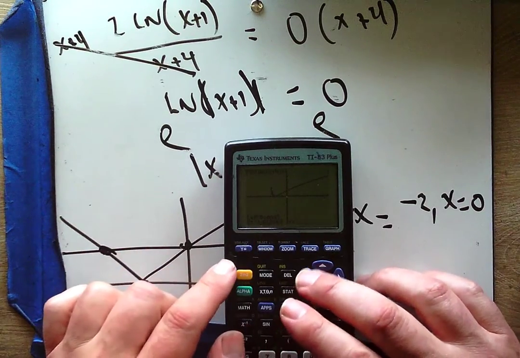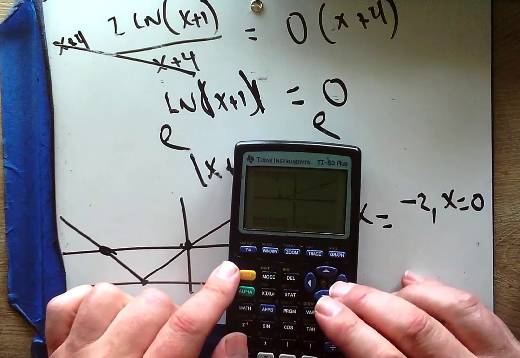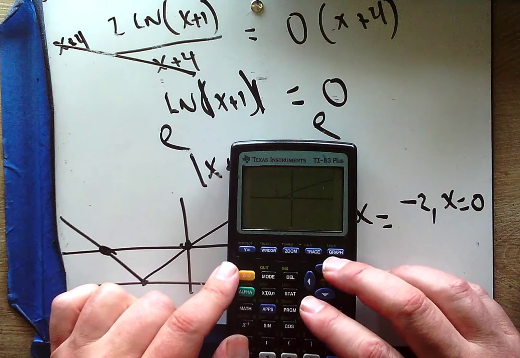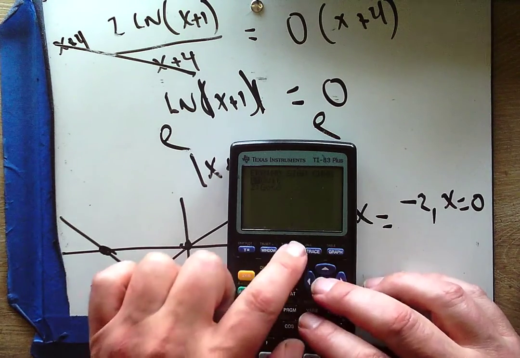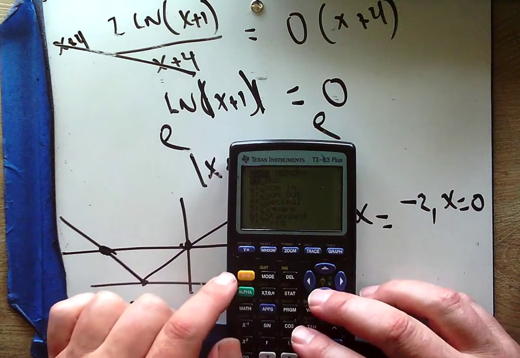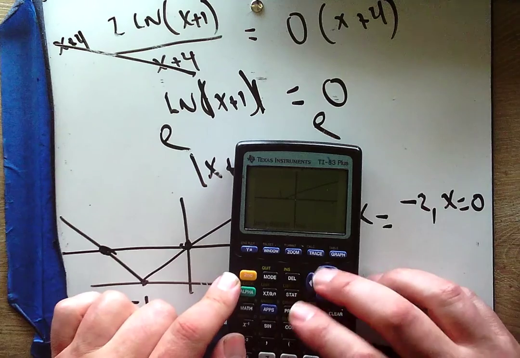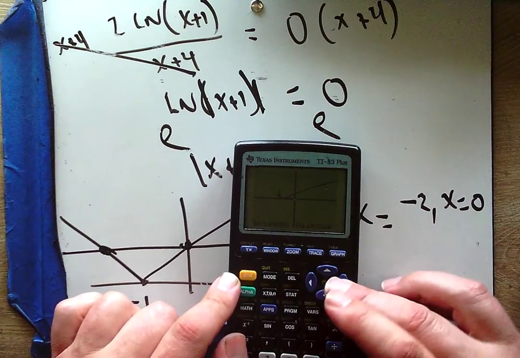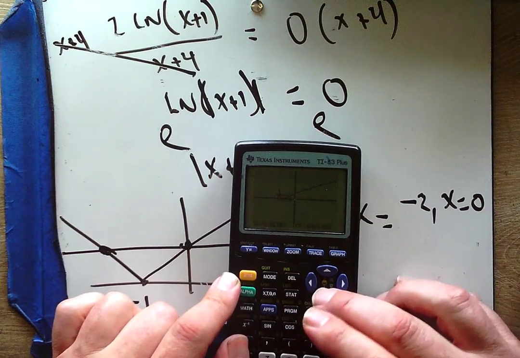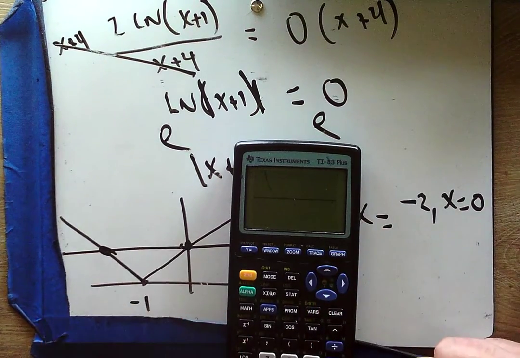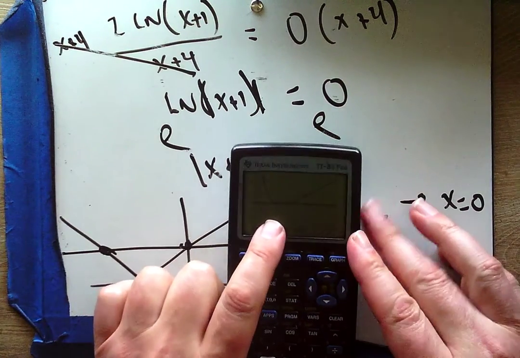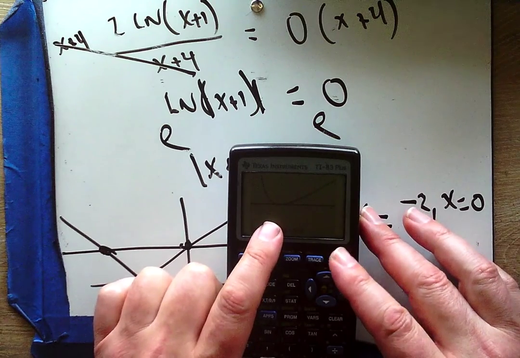It'd be funny if there were 2 zeros really close together. Zoom. Enter. Is that crossing once or twice?